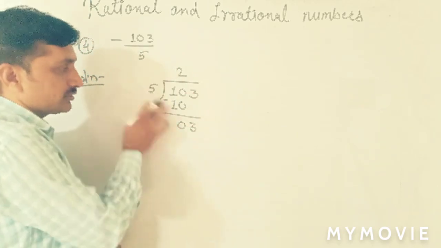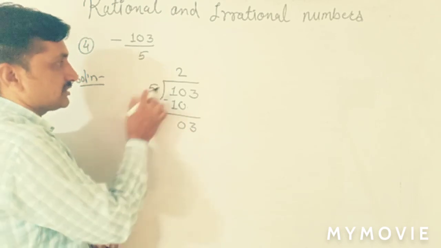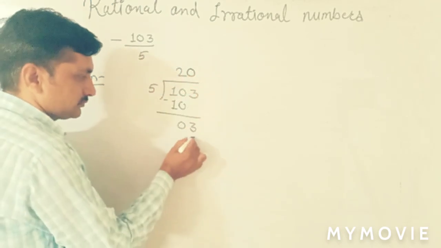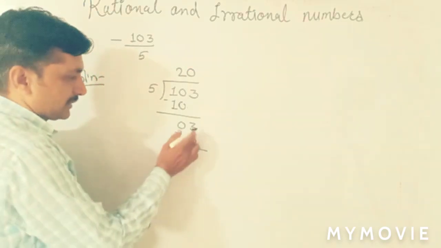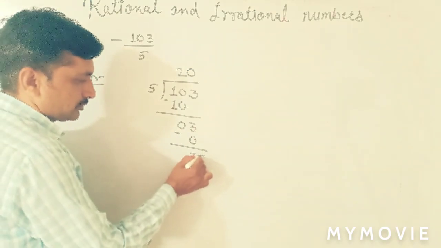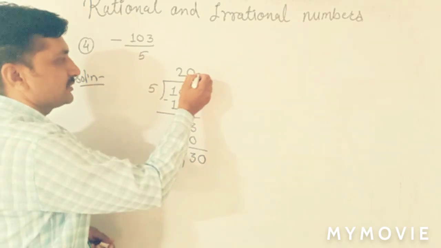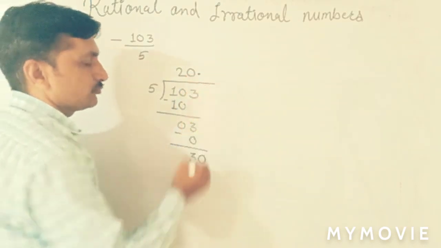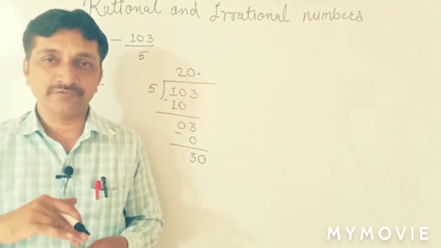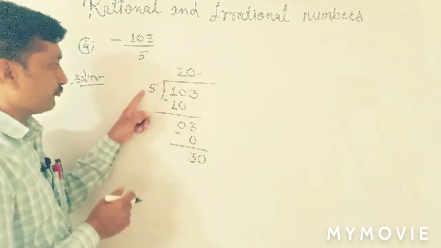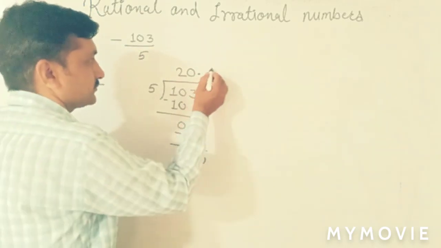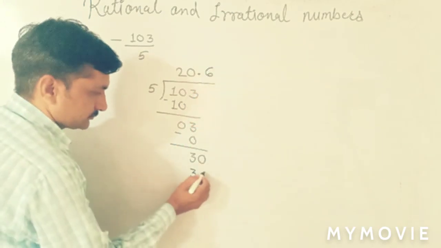Now 3 is smaller than this, so take 0 here. 3 minus 0, 3. Take 0, put decimal point. When we take 0 by ourselves, then we have to put decimal point. Now 5 6s are 30.